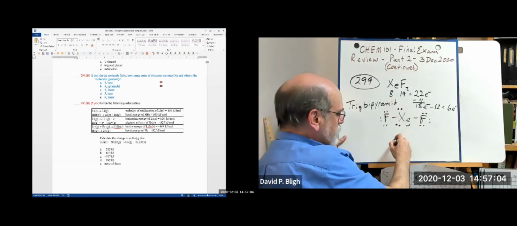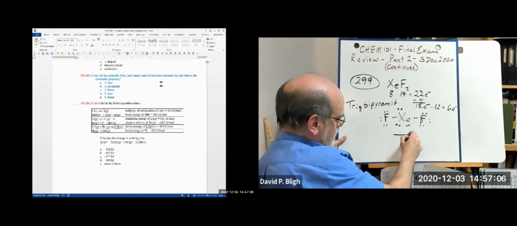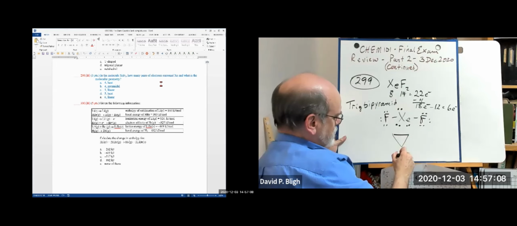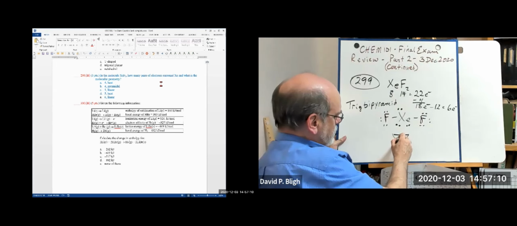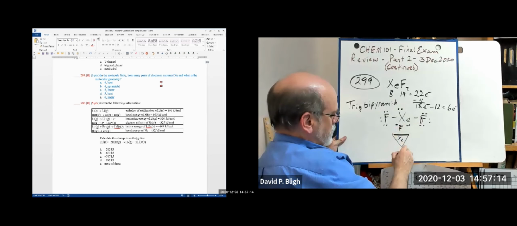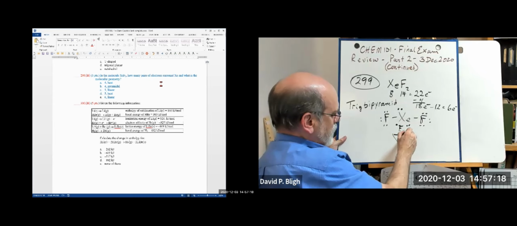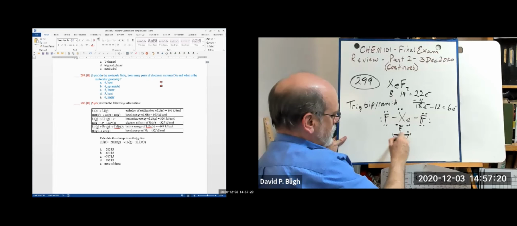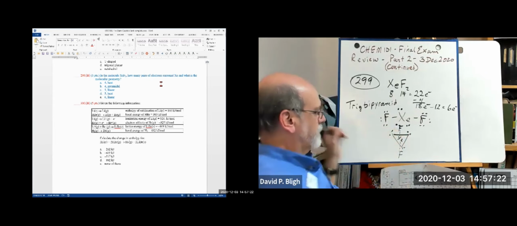That means you've got, like this, like this, like this, and then you've got xenon in the middle, fluorine up there, fluorine down there. And your pairs here, here, here.